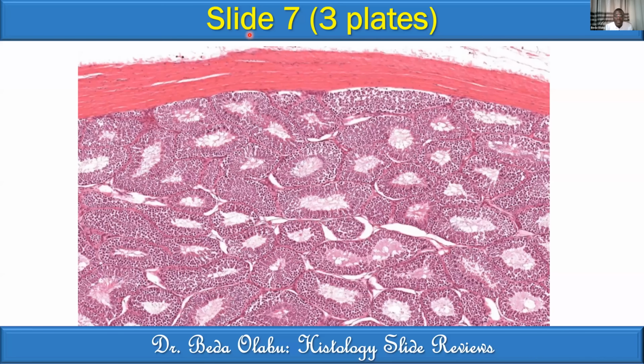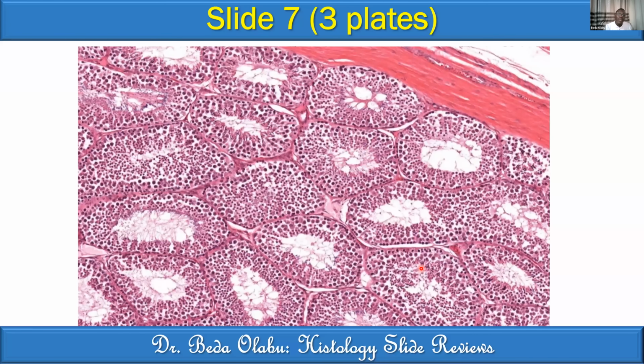Within the parenchyma, we see several tubular structures cut in cross-section. I think that's the best I'm able to pick from this magnification. Several tubular structures cut in cross-section. Each tubule contains several layers of cells. Second magnification, I confirm that those tubular structures are lined by complex stratified epithelium.